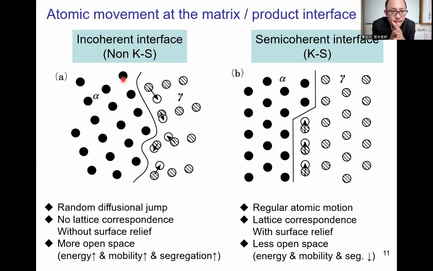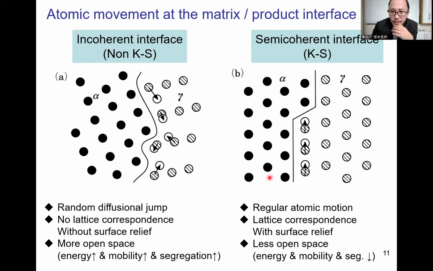In incoherent interface, the FCC structure changes to BCC structure by random atomic jump at the interface. And this incoherent non-case interface has more open space. That means interface energy is high and interface mobility is also high. And non-case interface is easier for solute segregation.